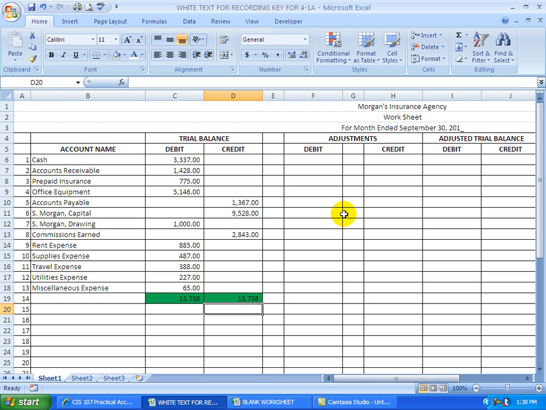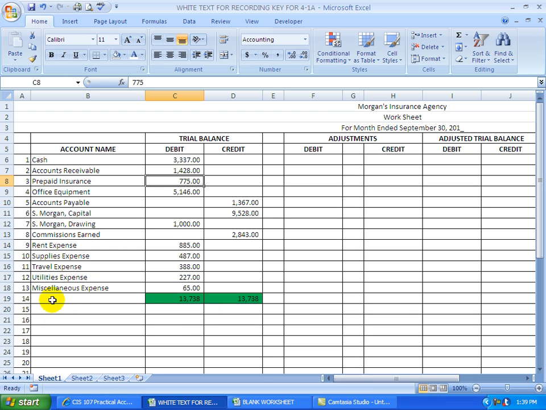So during the month of September, we have used up $300 worth of insurance. Our prepaid insurance has now lost $300 worth of value, and the amount that we have used up represents our insurance expense. So we have to show a debit to insurance expense.